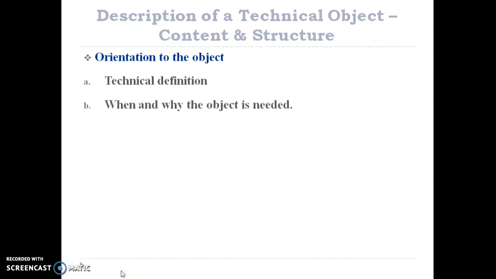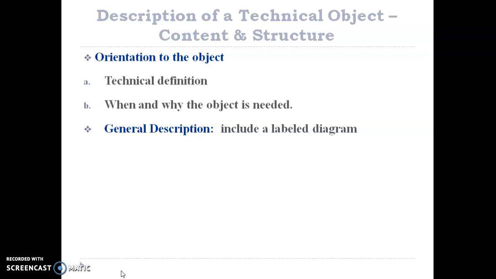So this is just a basic introduction to the object that you are describing. After this, we give a general description of the object through a labeled diagram. So how exactly the object looks, to give a clear clue about it, a labeled diagram is included.